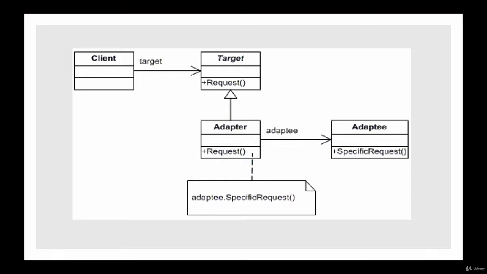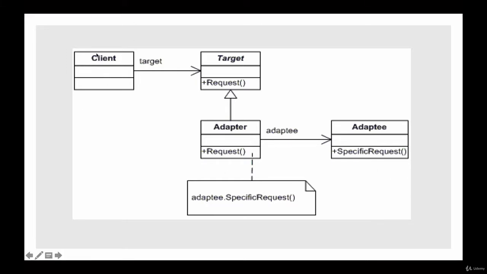So let's imagine a scenario where you want to support one more file system which also behaves in a similar way, but the interface it is providing is not equal or compatible with the interface the client code is already using. So let's look at the UML diagram first, and then we will try to see what is going on behind the scenes. So this is the UML diagram for the adapter pattern.